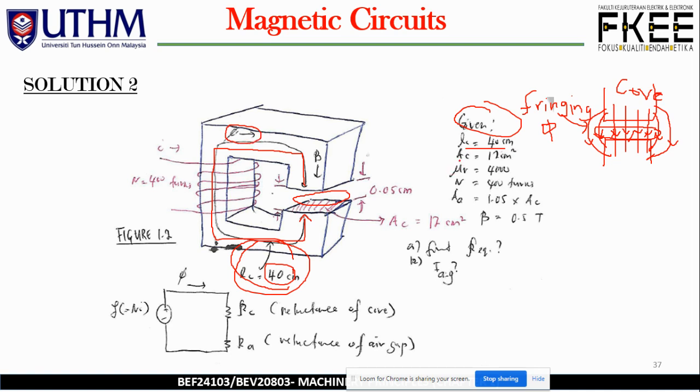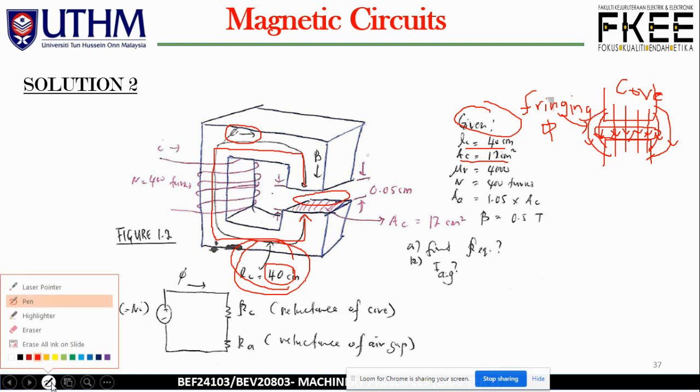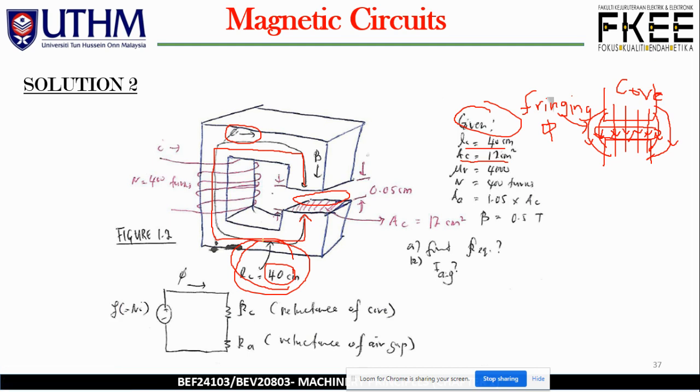What else? We have AC, the cross-sectional area of the core, 12 centimeters squared. Let me color it in a different color, let's say yellow. This represents the AC, the cross-sectional area of the core, which is 12 centimeters squared.